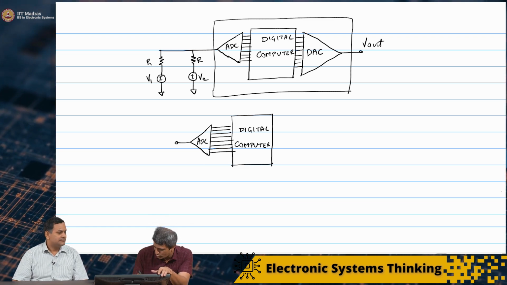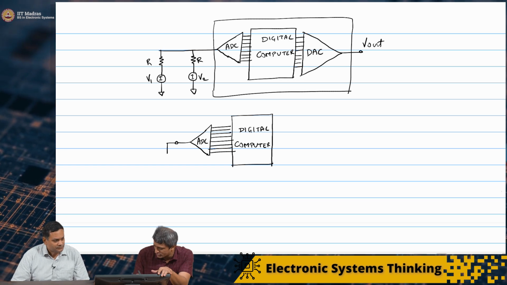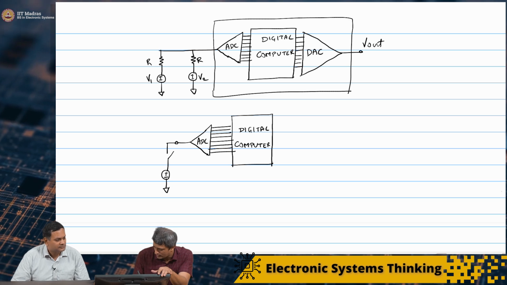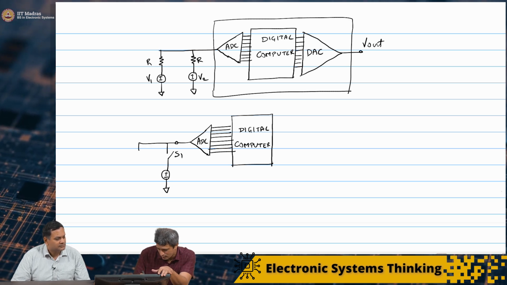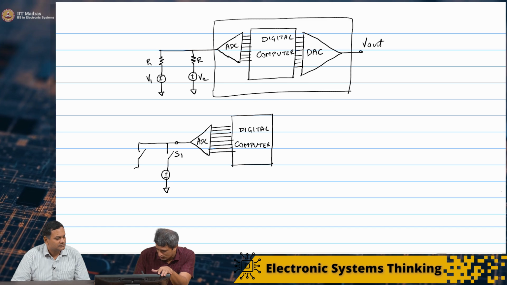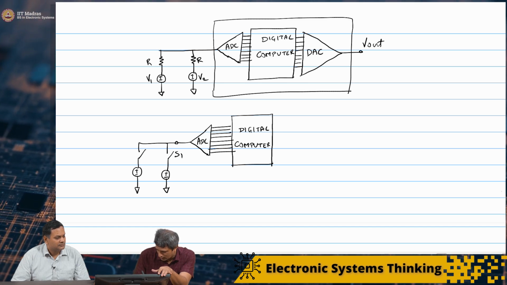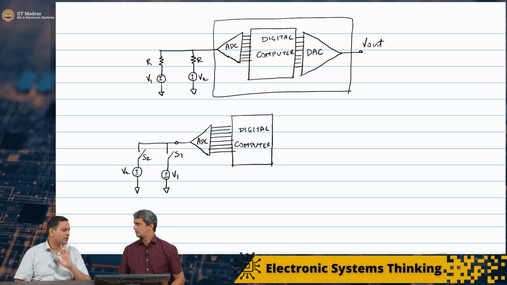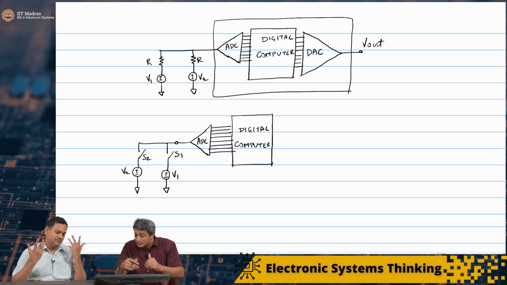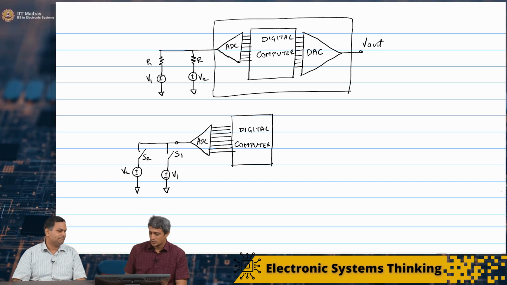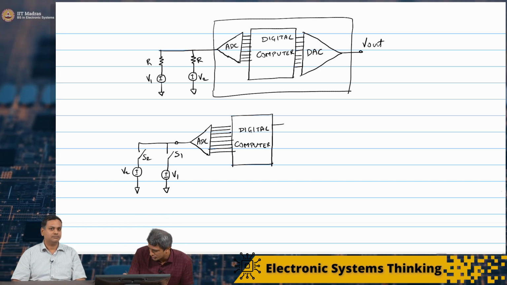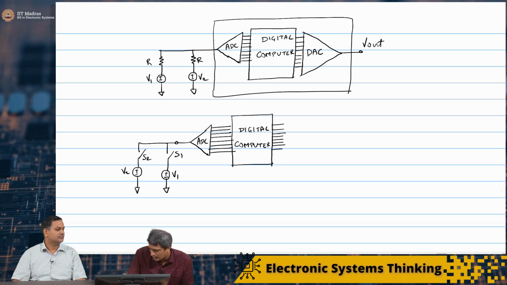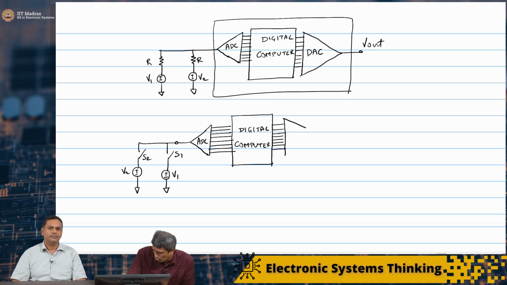Since we have already introduced students to switches, I will use the concept of a switch here. This is switch S1, plus minus V2, V1 and S2. You now no longer require those resistors for mixing. That circuit is gone now. So if I were to then do this, I have an 8-bit DAC again.